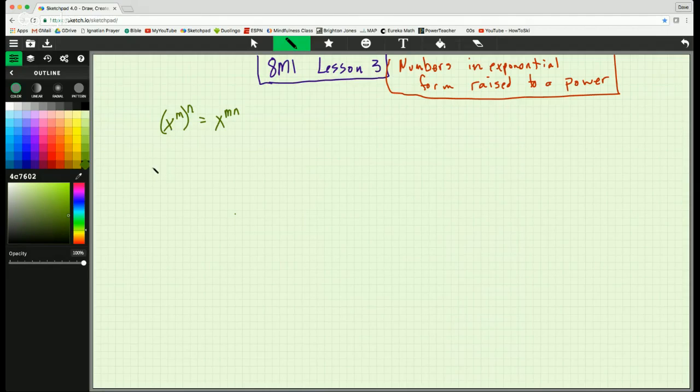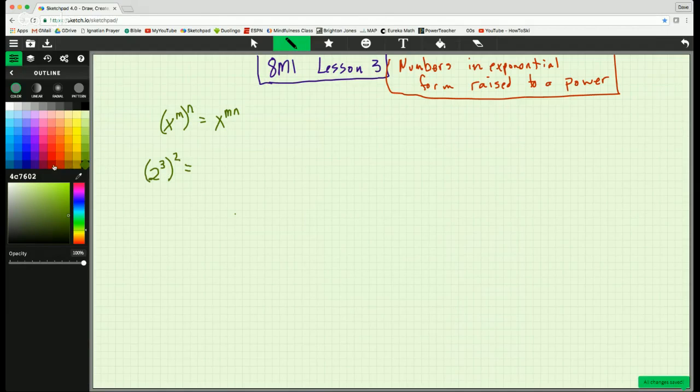What would 2 raised to the third power be? We know what that means. We learned what 2 to the third power means back in lesson 1. But what if we took 2 to the third power and then put that to the second power? Let's break this down.